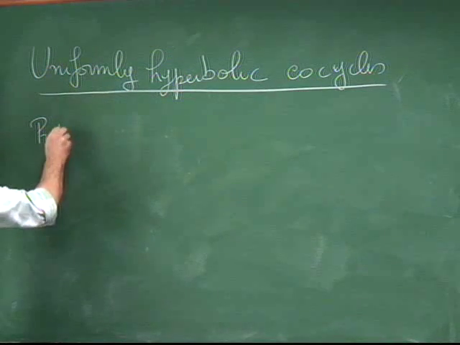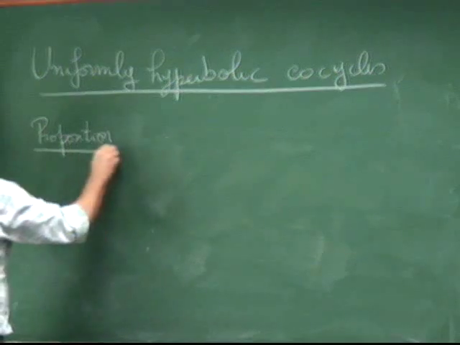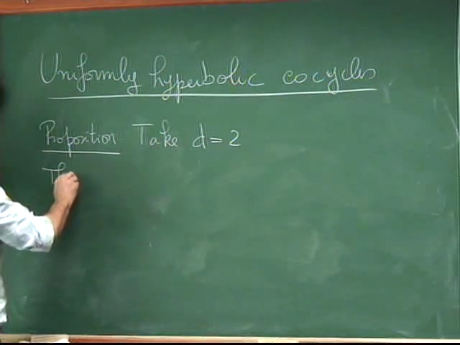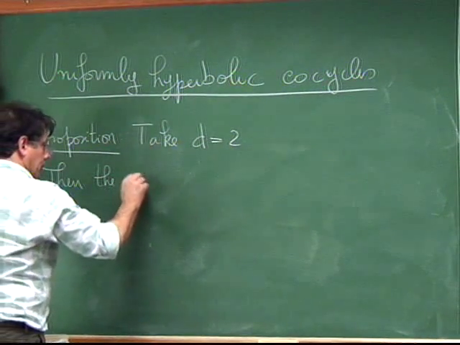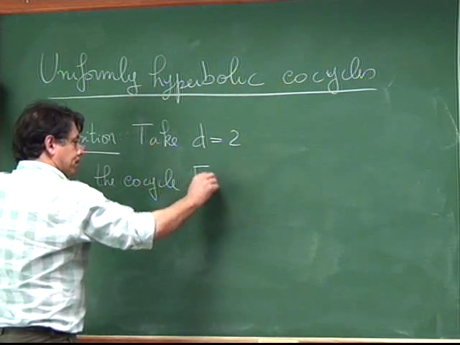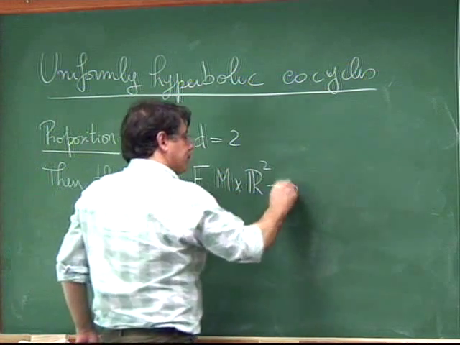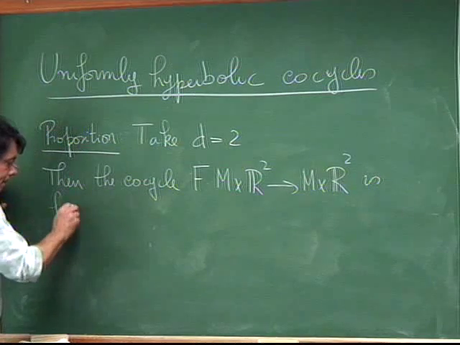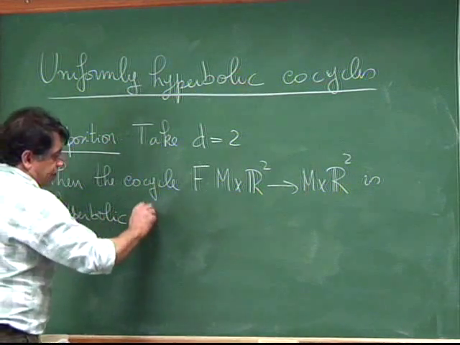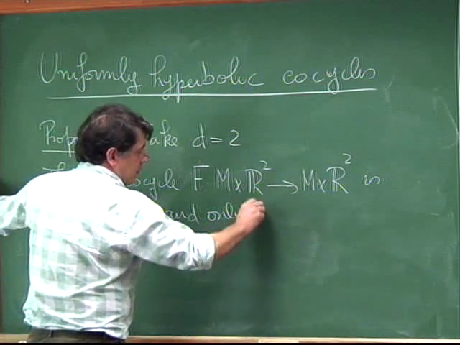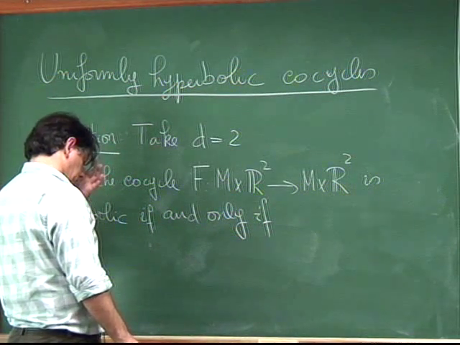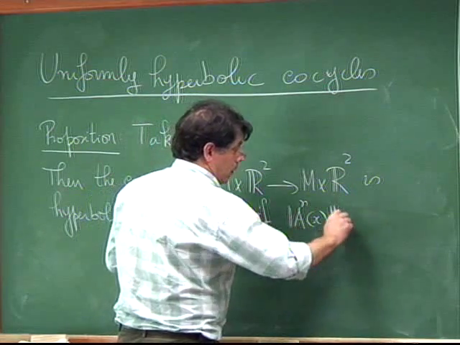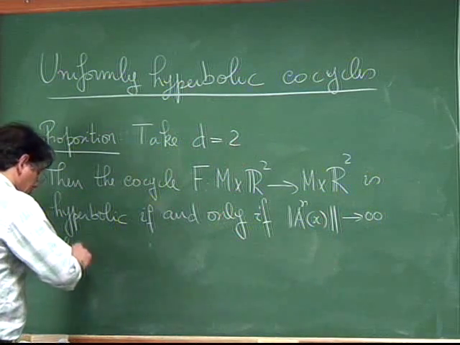So take the dimension to be 2, then the cocycle is hyperbolic if and only if the norm goes to infinity when n goes to infinity.